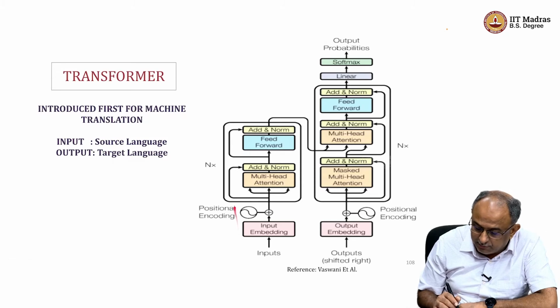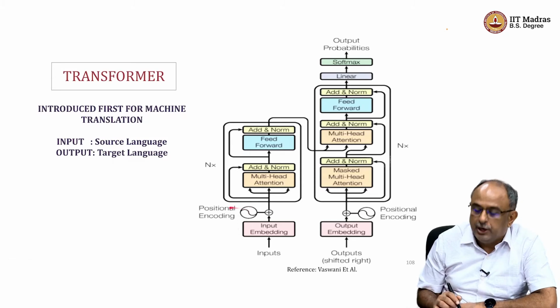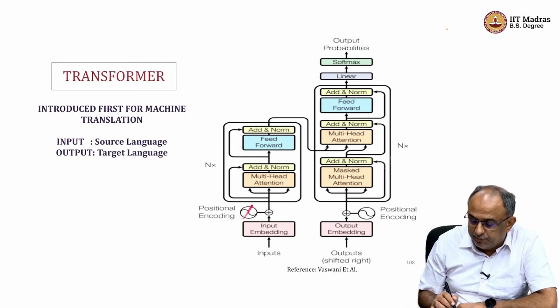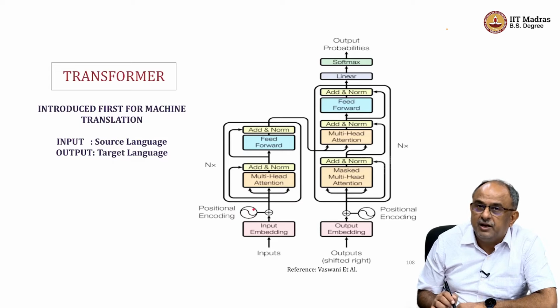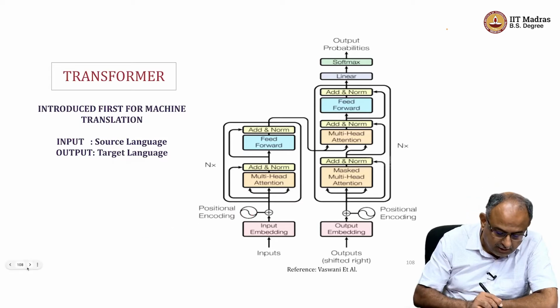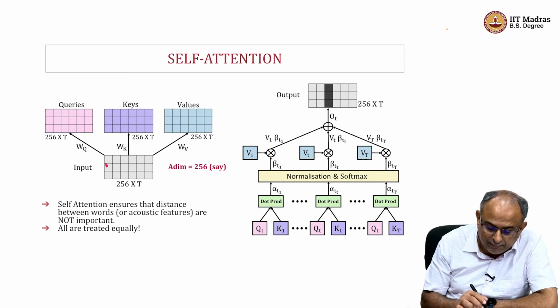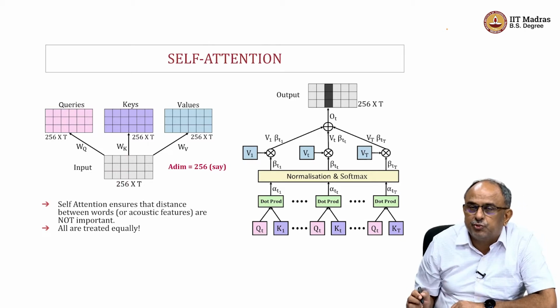So here I am going to give multiple inputs. It could be a sequence of words, so there will be a sequence of word embeddings, right. So what are we going to do with this? This is a sequence of word embeddings, and the first column is the first word, the second column is the second word, the third column is the third word, the fourth column is the fourth word, and so on.